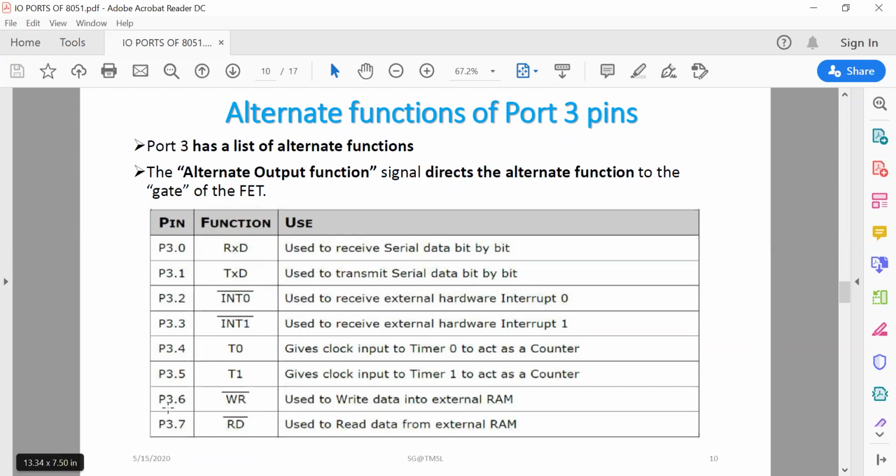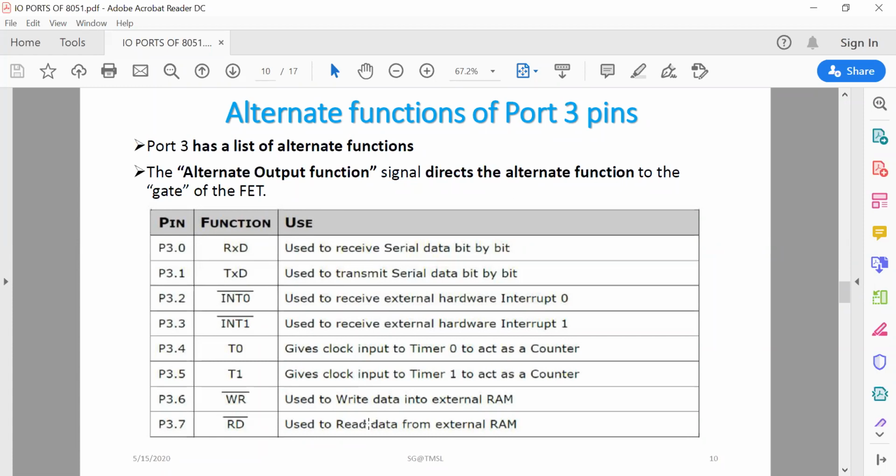P3.6 is used for the write operation for external RAM; any data can be written into the external RAM, and that's why this particular port bit is used. The next bit, P3.7, the last bit of port 3, is used in the read operation to read a data byte from the external RAM. These are the alternate functions of port 3.